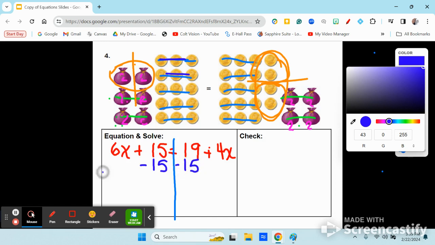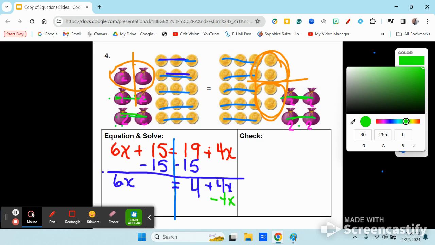Remember when we did that, the remaining thing was we still had 6 bags on the left, and 4 coins left over here, plus the 4 bags. The next thing we did was cross off 4 bags on both sides. To do that, I'm not subtracting 4, I'm subtracting these 4 bags. So I'm going to subtract 4 bags from both sides.